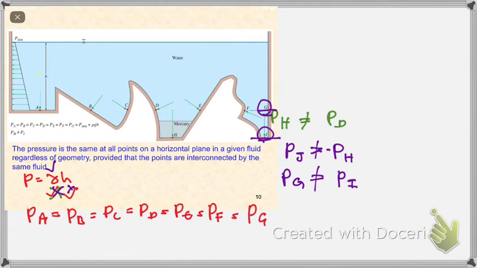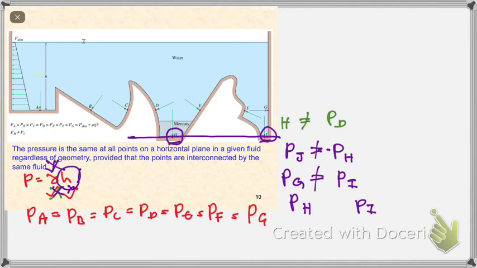Next, we compare points H and I, PH and PI. Is it in the same liquid? No. H is in mercury, while I is in water, so the density is not the same. Even though H is the same, on the same horizontal level, the density is different, so it's not the same.